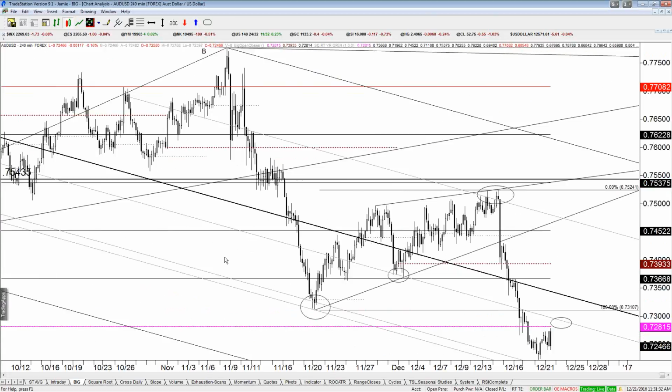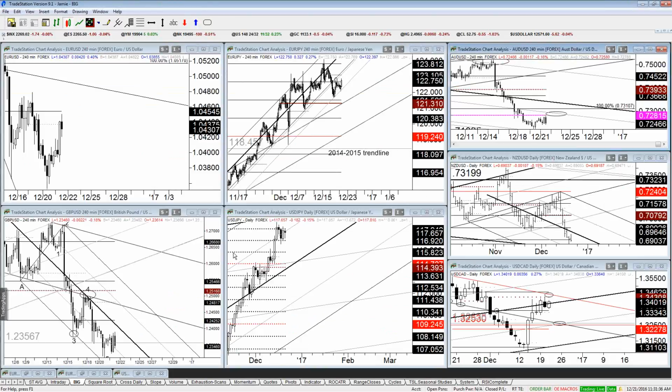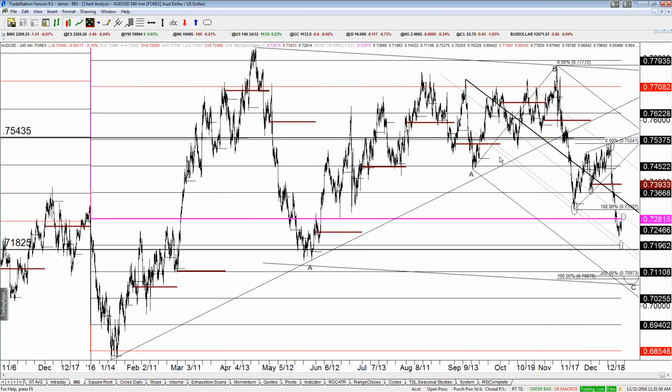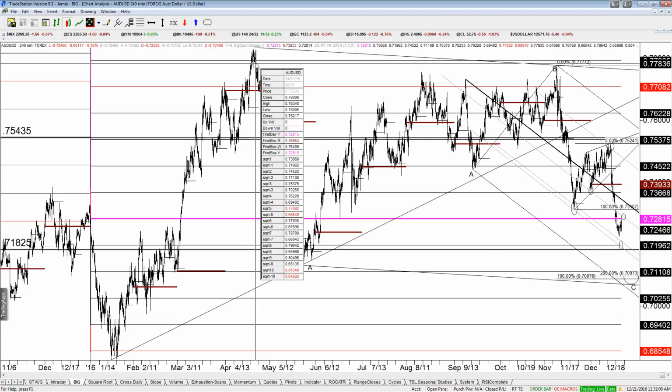So those are the levels for Ozzy. But yeah, I think Ozzy could really get into a big-time low. We could get a third wave higher in Ozzy. This is your 1 or A, B, C, 2 or B, and the next move is going to power higher big time.